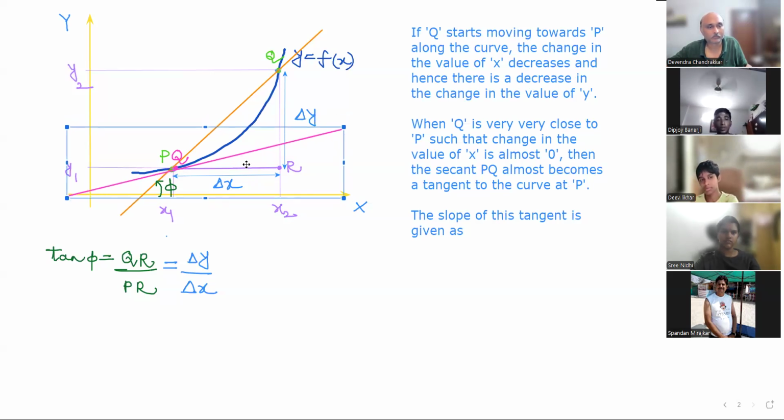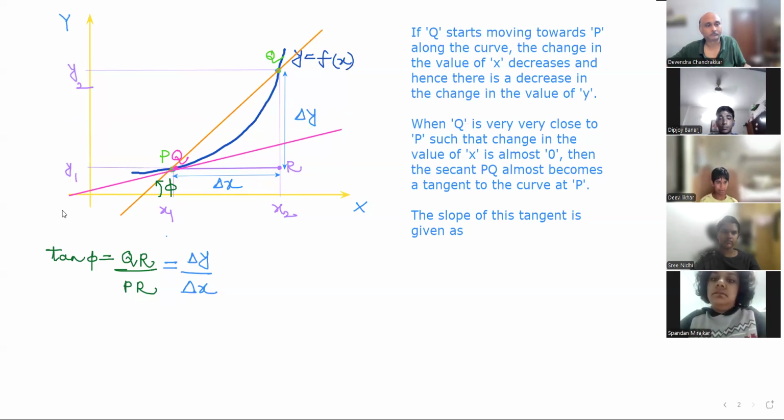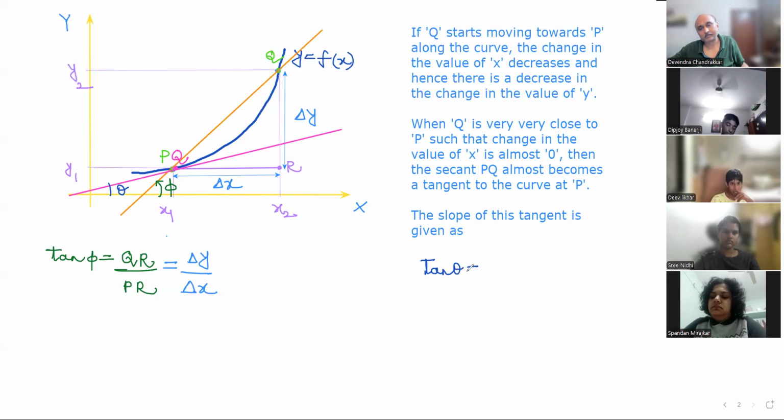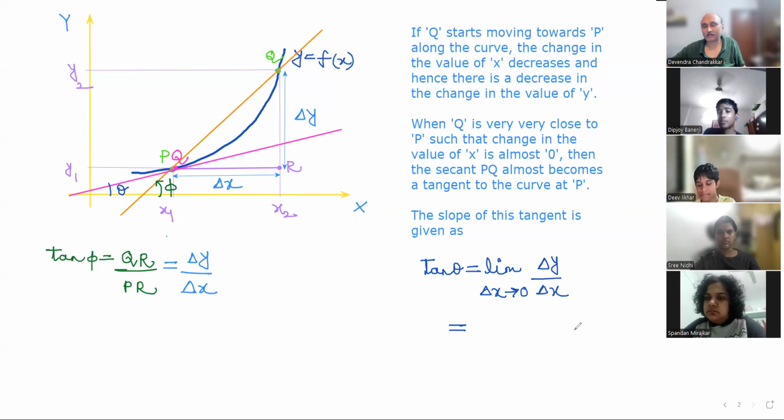Yes, sir. So this is theta. So tan theta is now given as limit delta x tends to 0. You have all studied this, right? This will be a quick revision for you. So this is how the slope of the tangent is given.